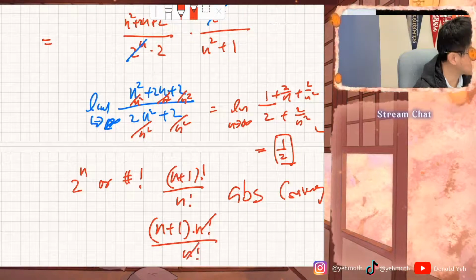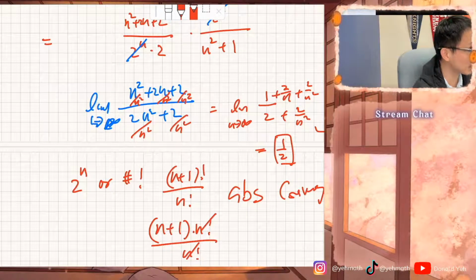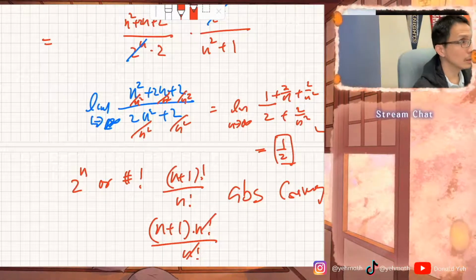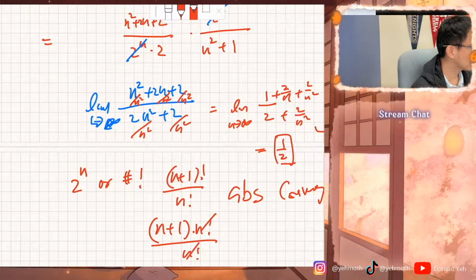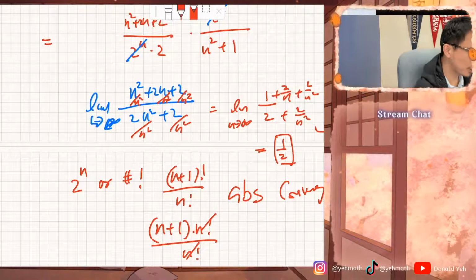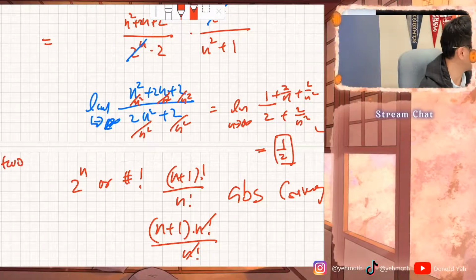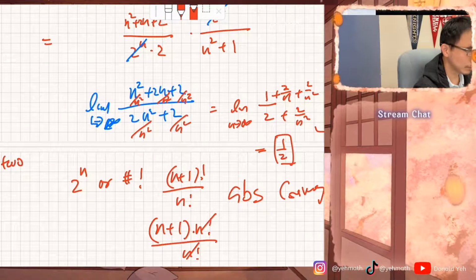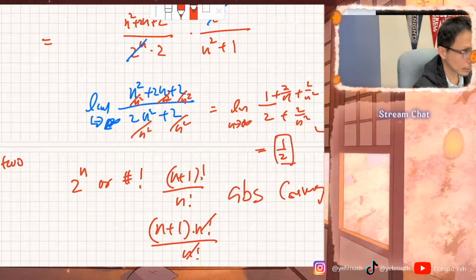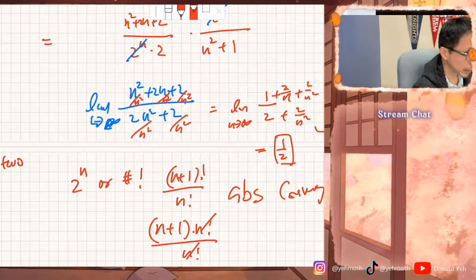That can mathematically cancel out. Does that make sense? So there are two places to use the ratio test: anything to the n power, and factorials.